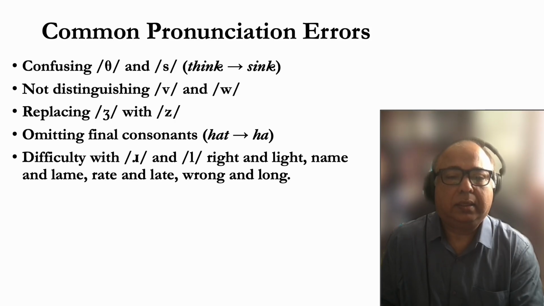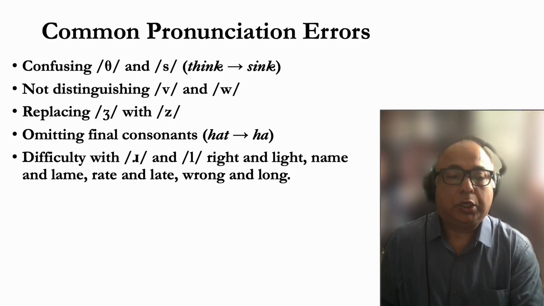And sink, there's no contact between the tongue and the teeth. Some people do not distinguish between v and w. So instead of saying voice, they say woice. Or saying love, I love you, they will say I wove you. So v and w. Okay? So pronounce the two and distinguish between them.